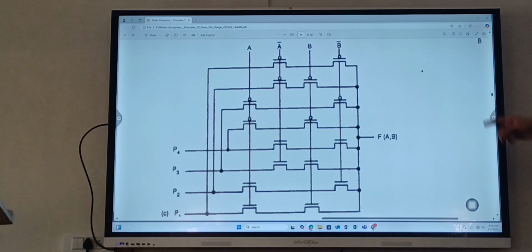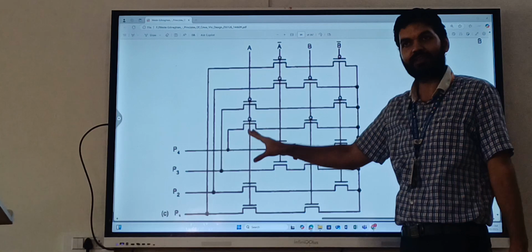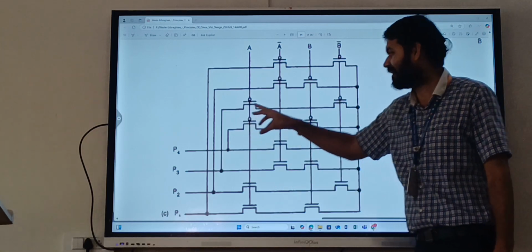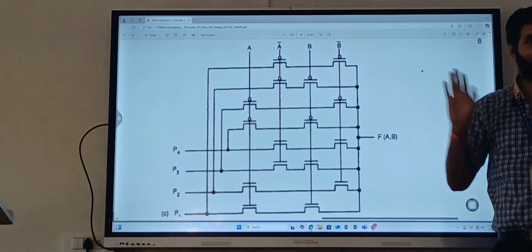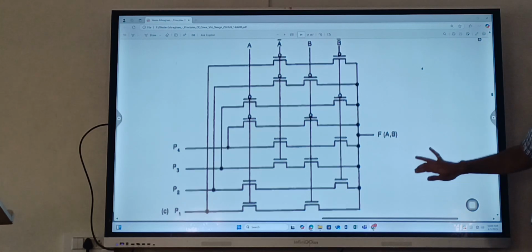Again, it is a 4 to 1 mux. So this also works on the same concept. A, B, which MOSFET is on, which MOSFET is off, where the signal goes from and to. Okay, this is pass transistor logic.